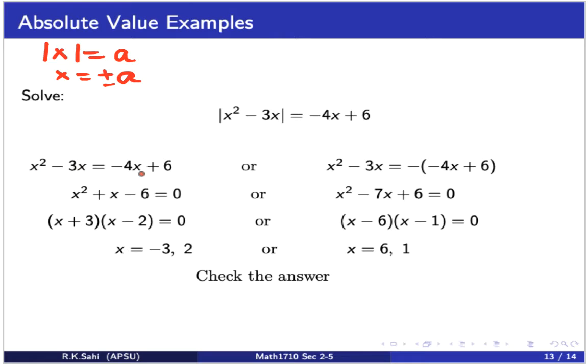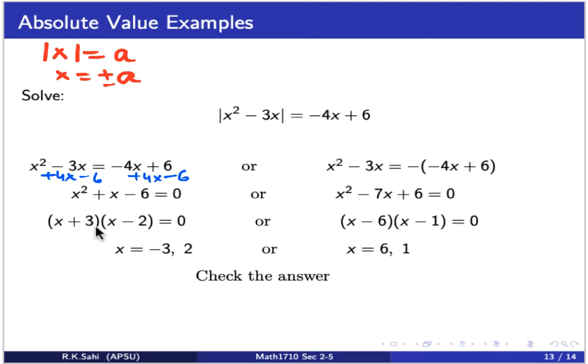x squared minus 3x equals minus 4x plus 6. Get all the terms on the left-hand side. So what are we basically doing? We are adding 4x and subtracting 6 on both sides. So this becomes 0 on the right-hand side, and on the left-hand side we get x squared plus x minus 6 equals 0.